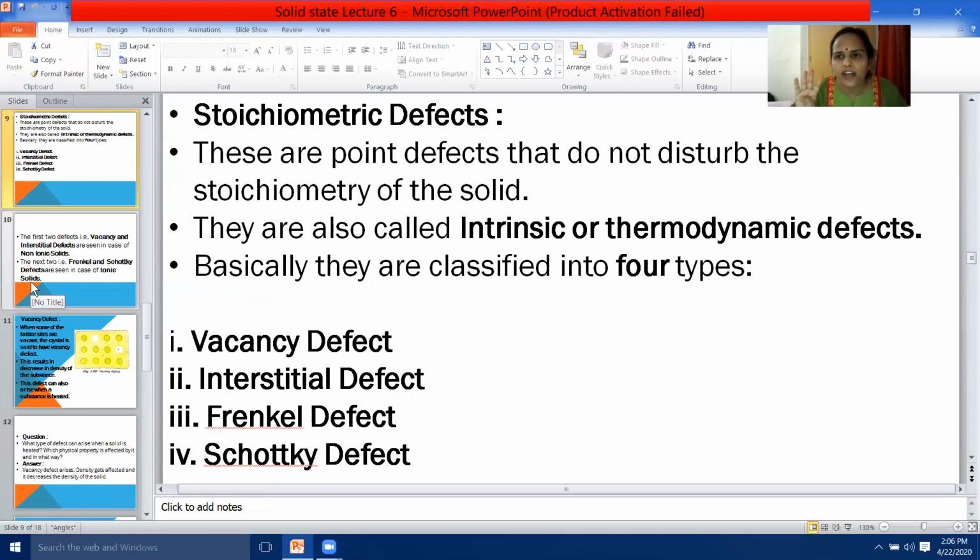Basically they are classified again into four types: vacancy defect, interstitial defect, Frenkel defect, and Schottky defect. Schottky or Schottky, both are correct.